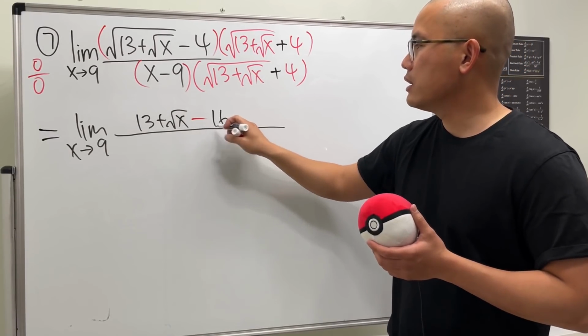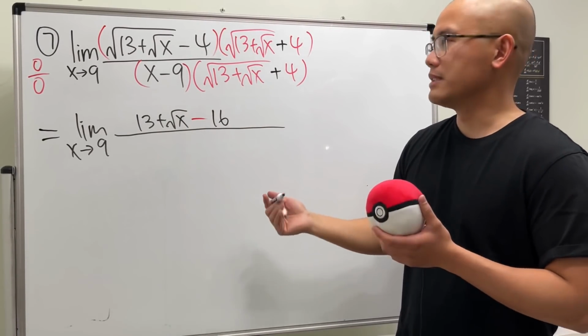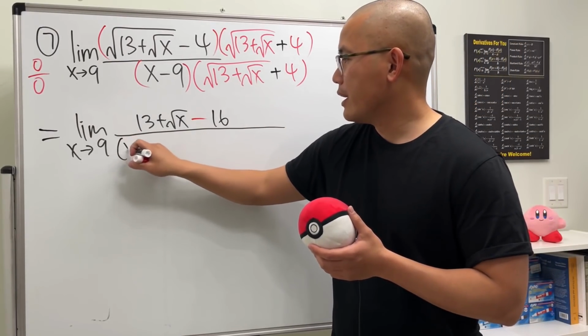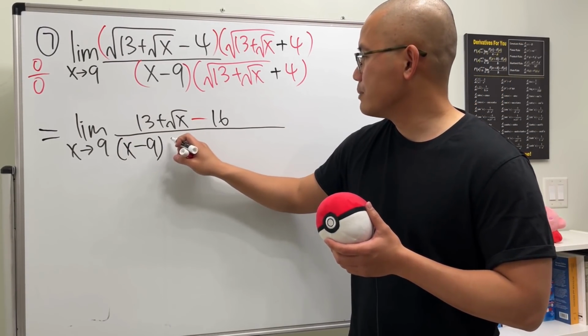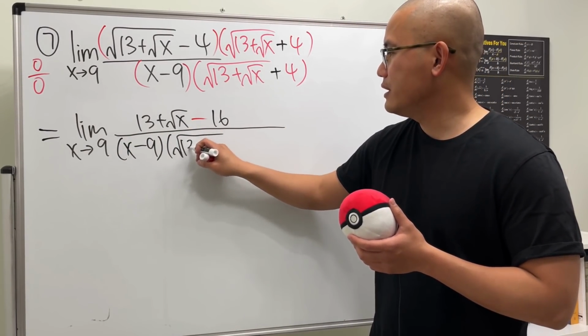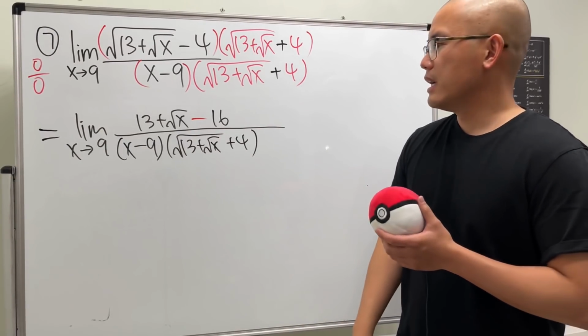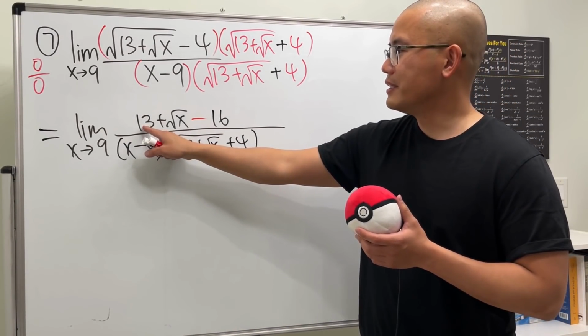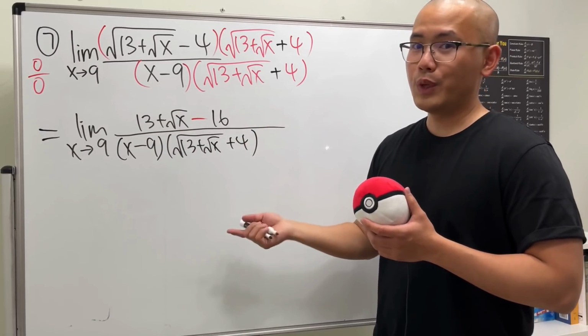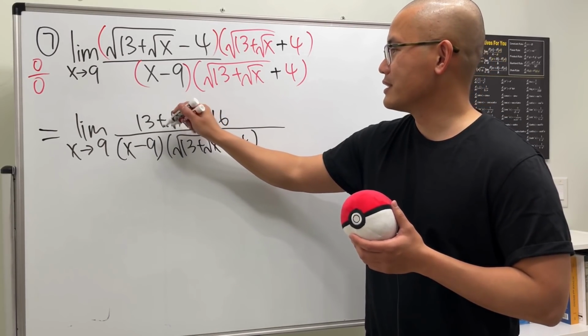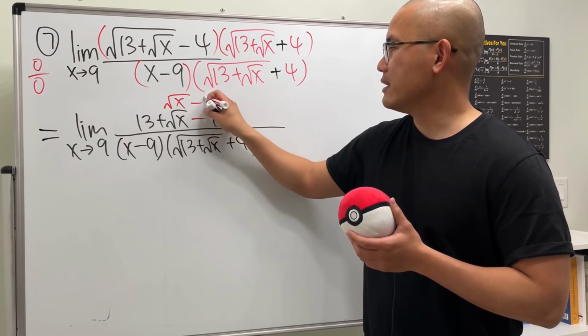So we have 16 here. And on the bottom, we'll just leave it as how it is. So let's write it down. x minus 9 times parentheses square root of 13 plus square root of x plus 4. Okay. And now we see that this is 13 minus 16. So we can work that out, which is just going to give us square root of x minus 3.